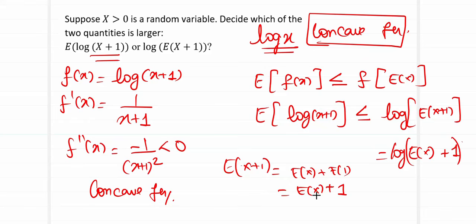So this and this are both one and the same, and hence expected value of log of X plus 1 is less than or equal to log of E of X plus 1. The same property will hold for log also, that is expected value of log X will be less than or equal to log of E of X.